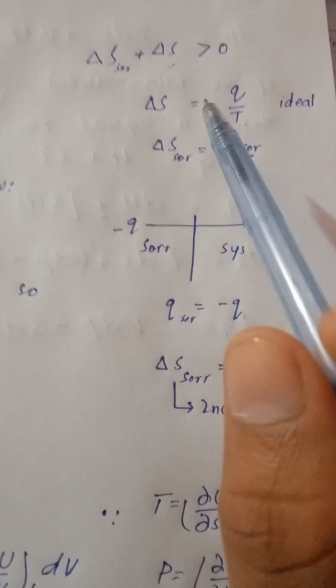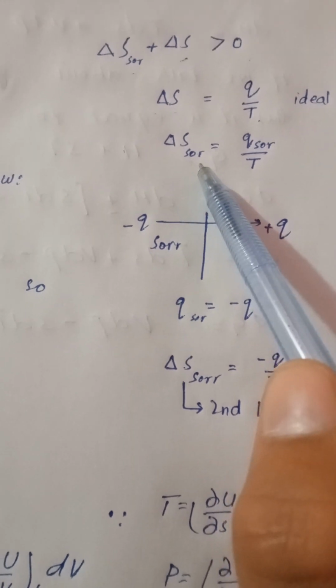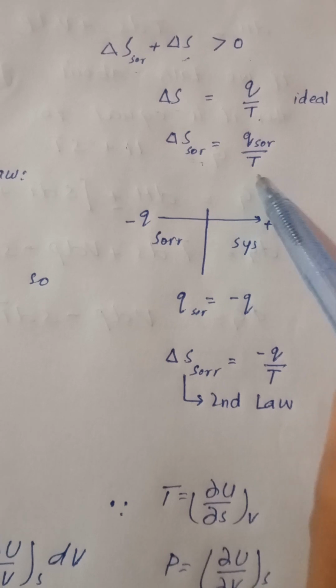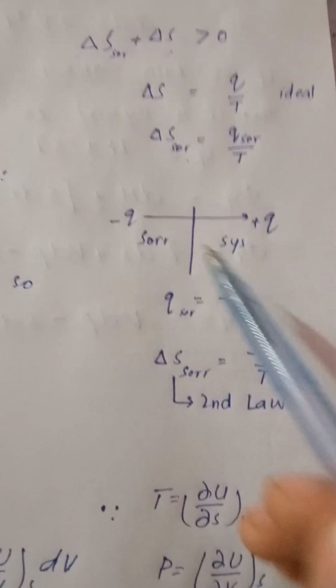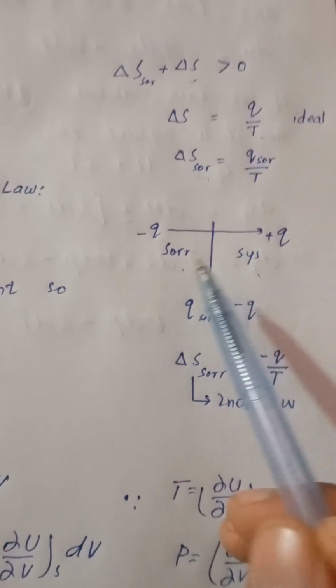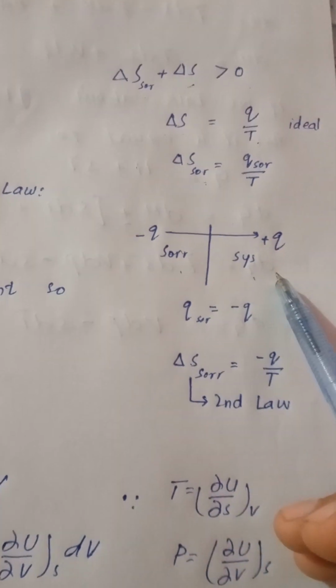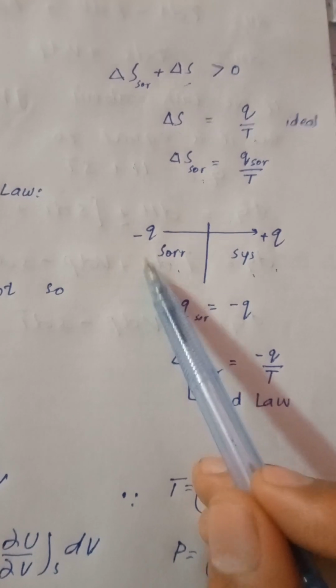If we take the surrounding, delta S, we write it as S_sur, meaning the surrounding, with q_sur meaning the heat in the surrounding, over temperature. If on one side we have a surrounding and on the other side we have a system, and heat energy is transferred from the surrounding to the system, then the surrounding's heat will reduce, so we take it as minus q.